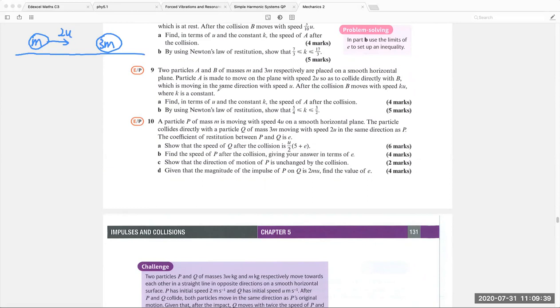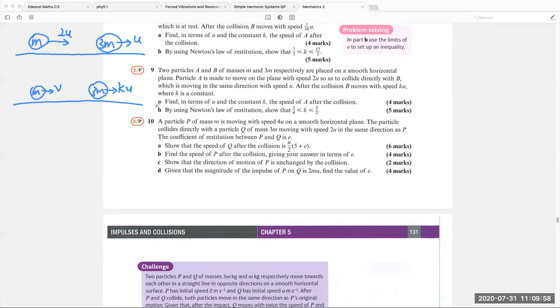B has a speed u, in the same direction. After the collision, B has a speed ku, and then you don't know the speed of A. Okay, let's write it as a symbol V.